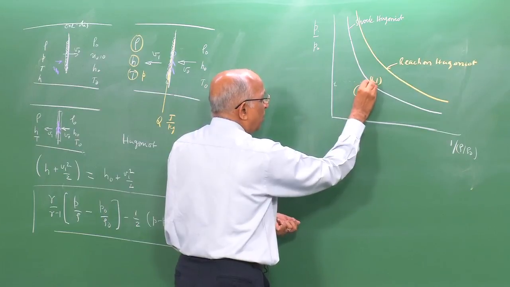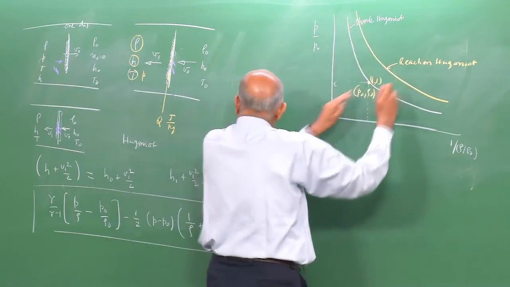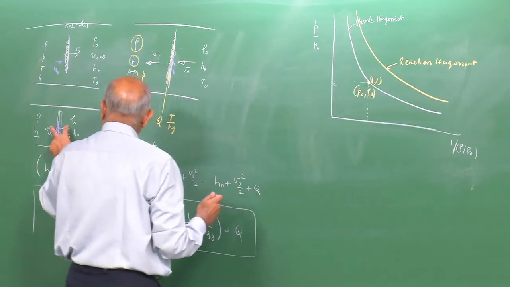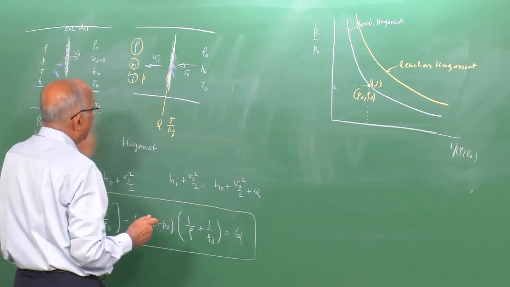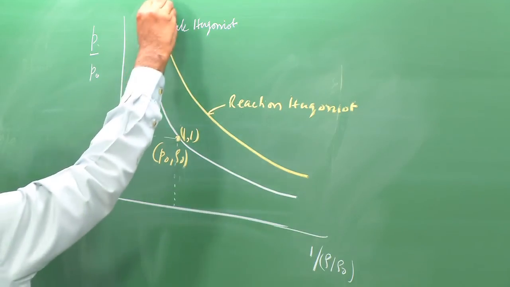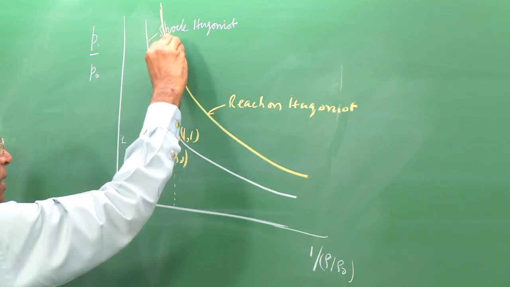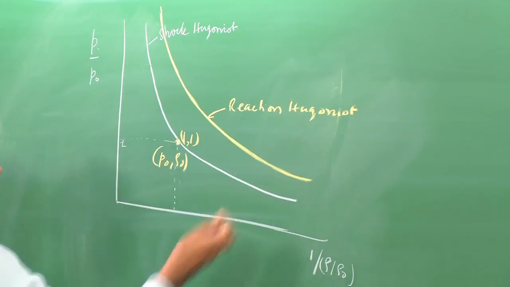From the point 1, the conditions should be along this curve, because this is the conservation of energy as applied, with a control volume, at the point of a detonation, and therefore my final state should invariably be along this curve somewhere over here, but I want to know the precise location.